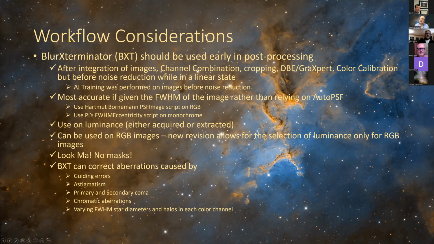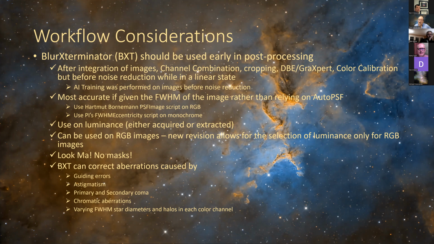Now you've got to make some considerations for workflow. Blur Exterminator should always be used early in post-processing. So after you've integrated your images and you've done your channel combination, cropping, and your dynamic background extraction, or there's a new tool out there called GraXpert that comes out of Germany.